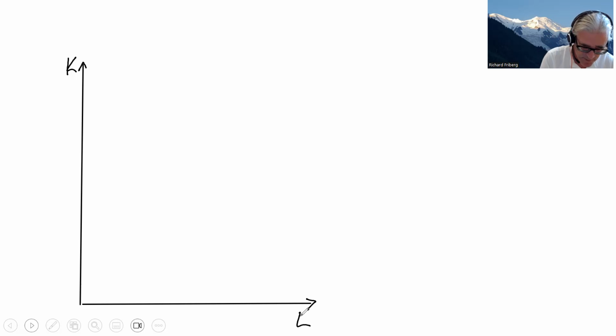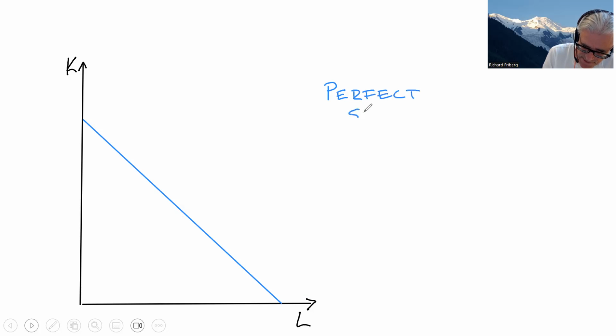So one example of a potential shape that's particularly simple would be that of a straight line, like this. Okay, so this is the case of what we call perfect substitutes.